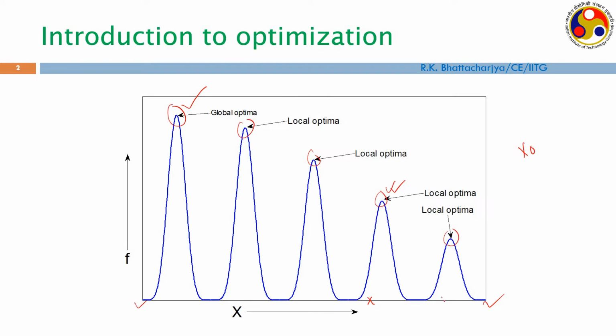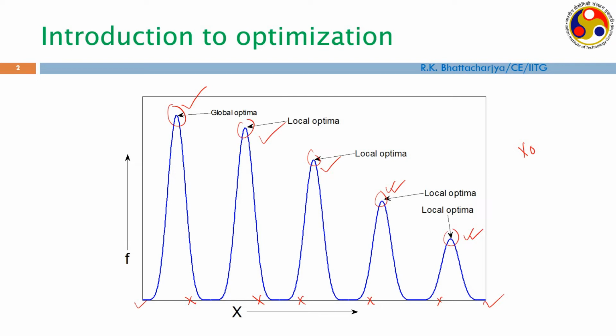If I take x naught somewhere here, I will get this optimal solution. Similarly, if I take x naught here, I will get this solution, and if I take x naught here, I will get this solution. But luckily, if I take my x naught somewhere within this region, I may get the global optimal solution.